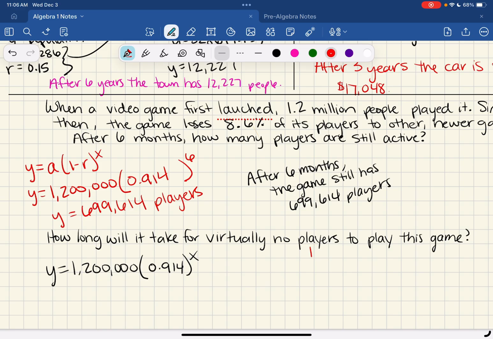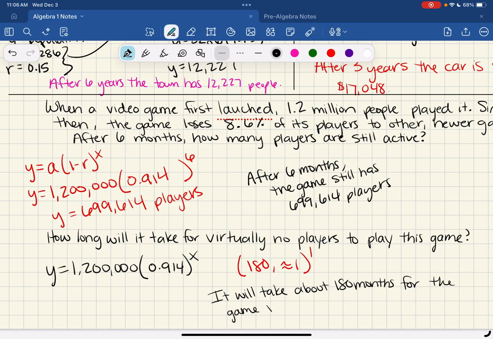So I'm going to write this coordinate. When x is 180, y is about 1, which means that it will take about 180 months for the game to have virtually no players.